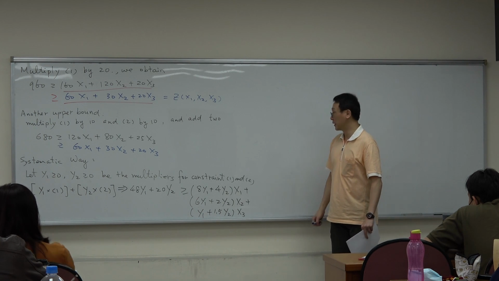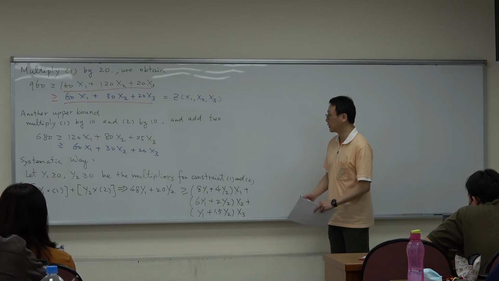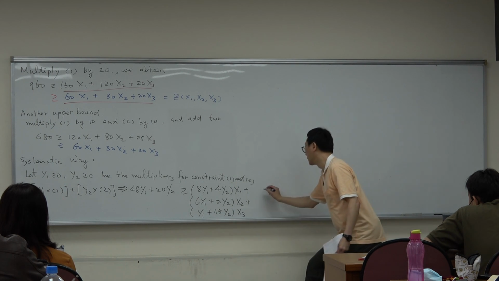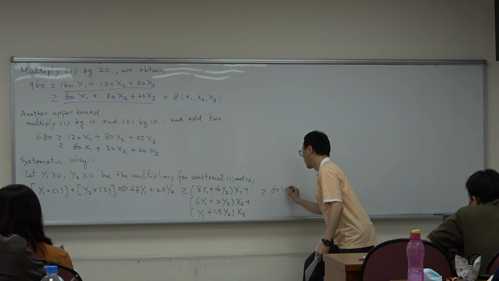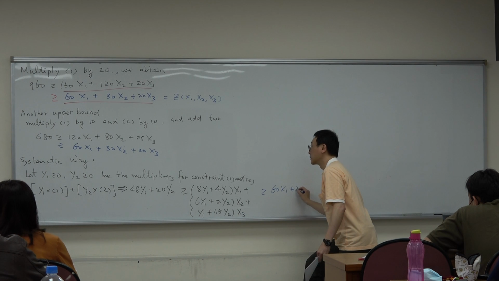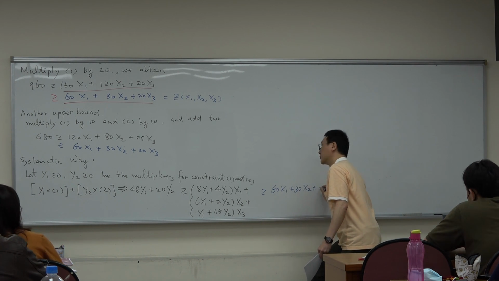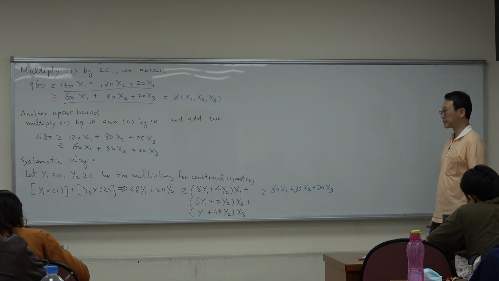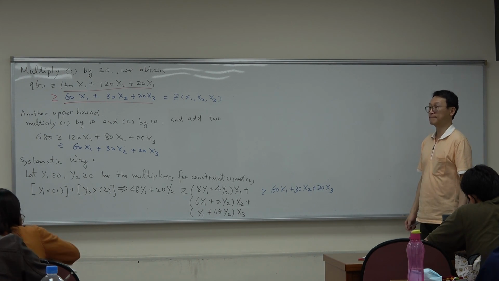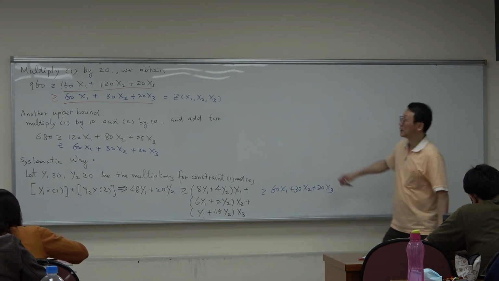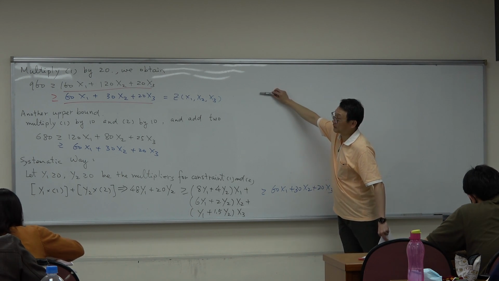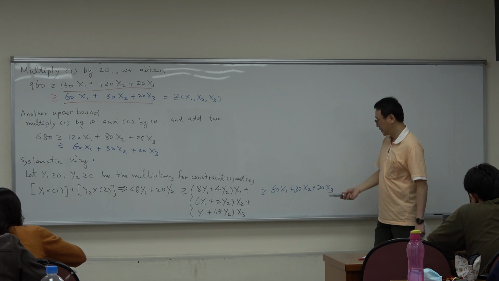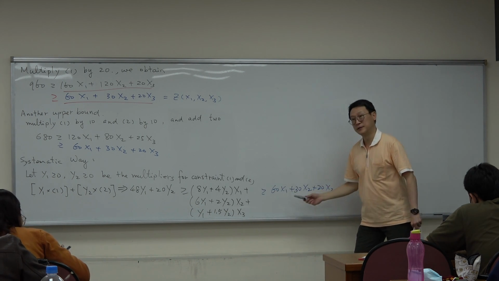And I want to compare if they are really greater than or equal to 60x1 plus 30x2 plus 20x3. Like the first upper bound and the second upper bound, I need this relation.